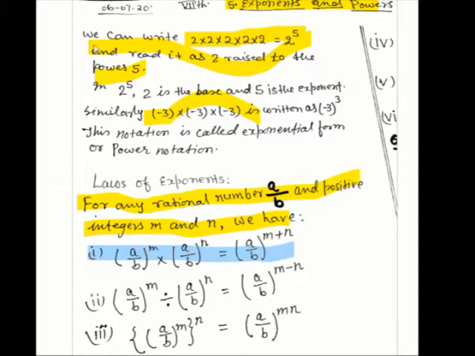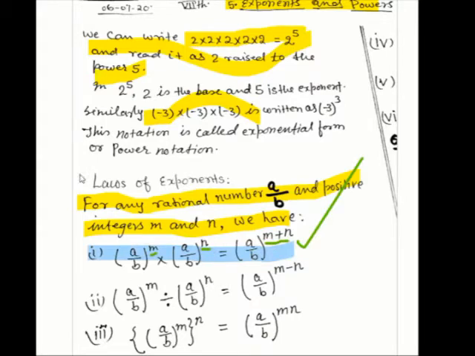Here the base in both is a upon b and the powers are m and n. Both are multiplied, so we write the same base with the sum of the powers: a upon b whole power m plus n.